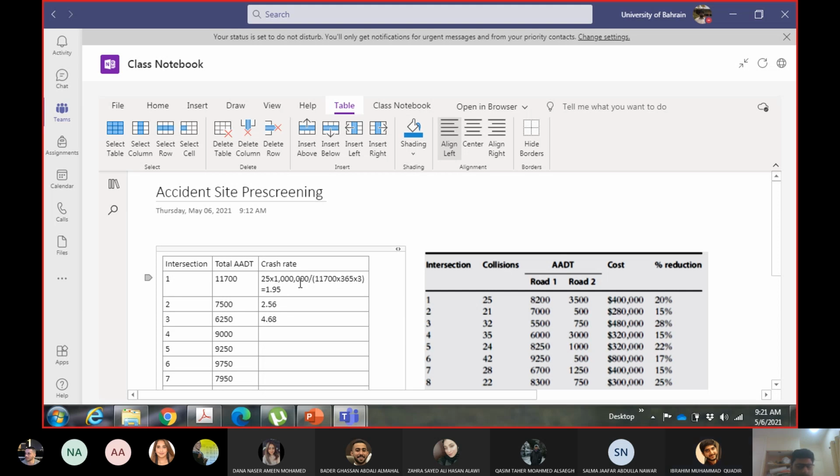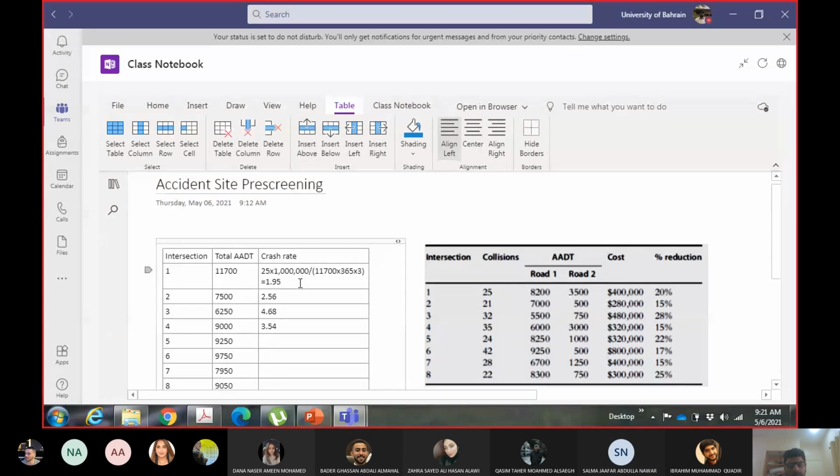Okay, what about this one? 3.55. 3.54. Okay, site 5. 3.36.